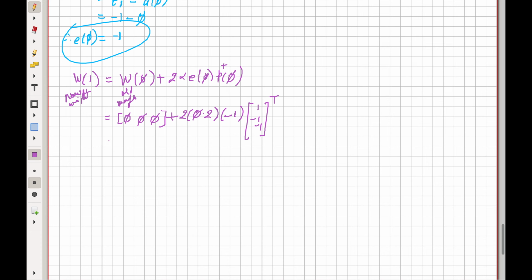If we go in and solve this, this will be 0 0 0, and this becomes 0.4.